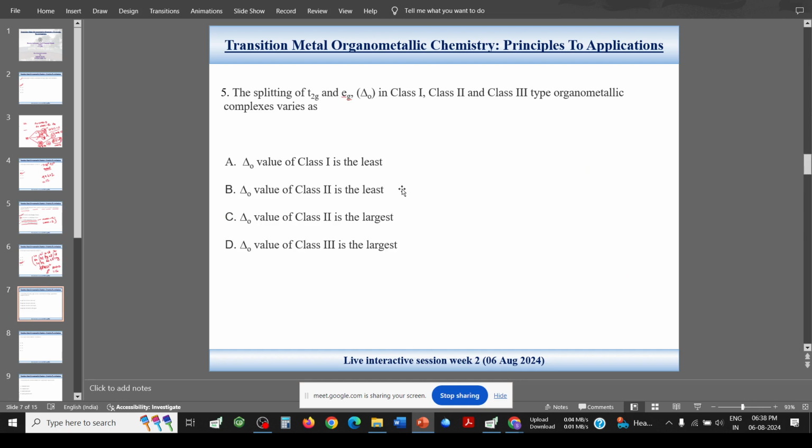The next question is again on the delta O value for class 1, class 2 and class 3. It says that the splitting of T2G and EG, delta O, in class 1, class 2 and class 3 type organometallic complexes varies as.